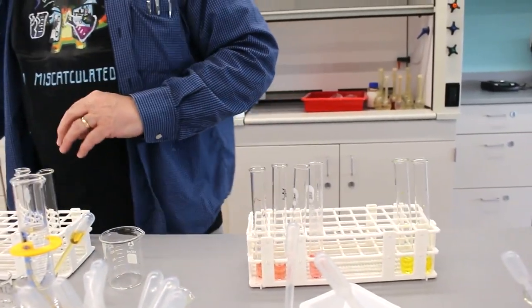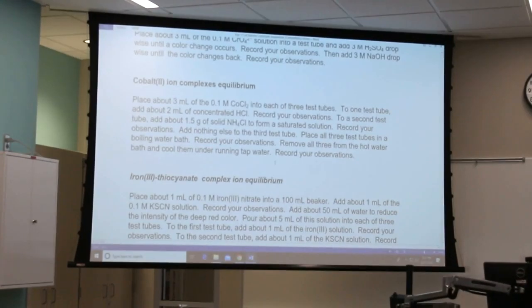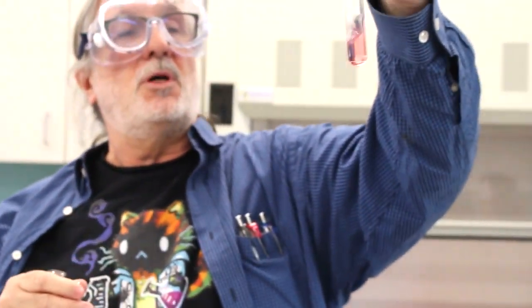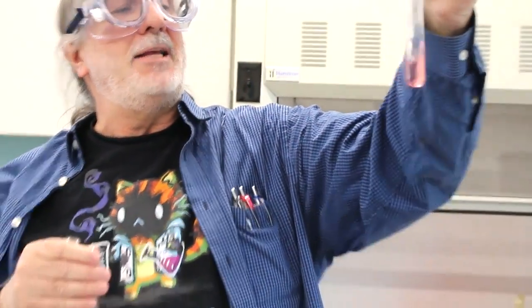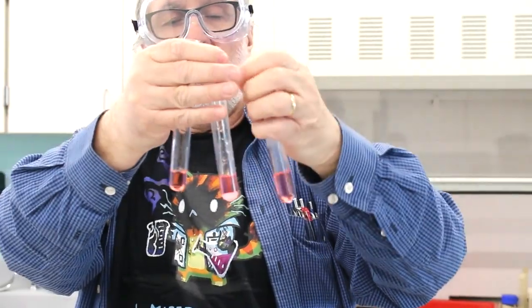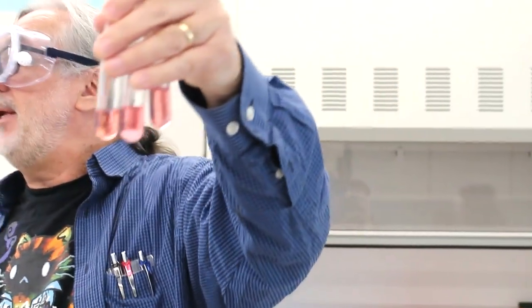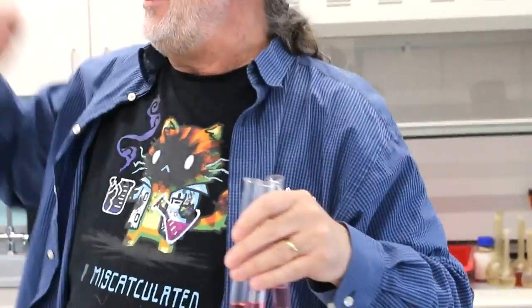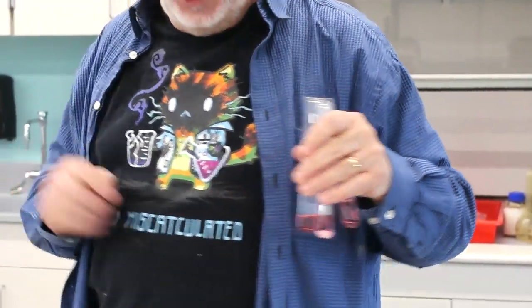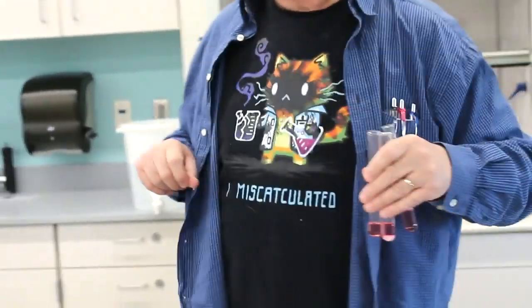Let's record your observations. There's our control. Here's the one with the NH4Cl. Here's the one with the concentrated HCl added to it. All 3 are still very pink, which, if you read the explanation in the background information, would you go back to the background information, please, Ned?